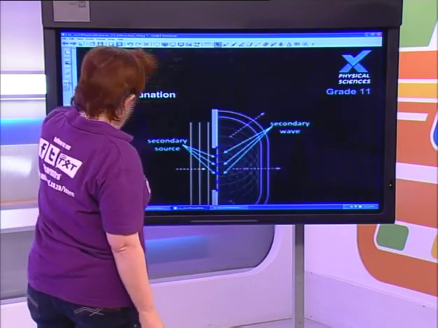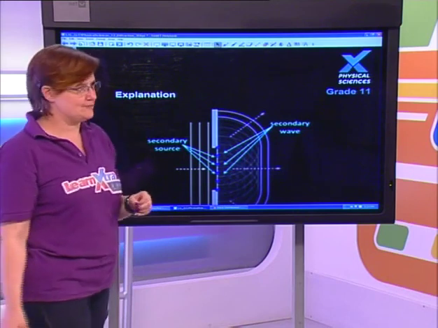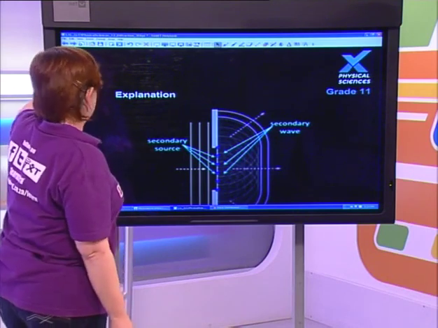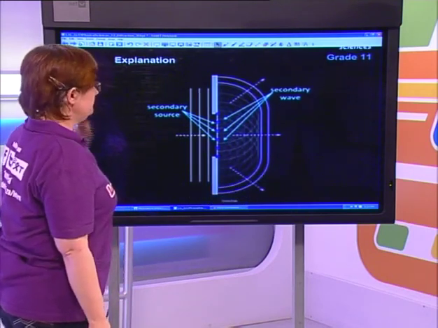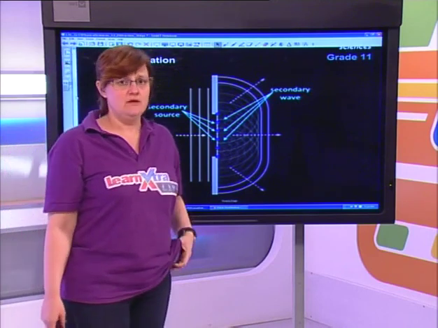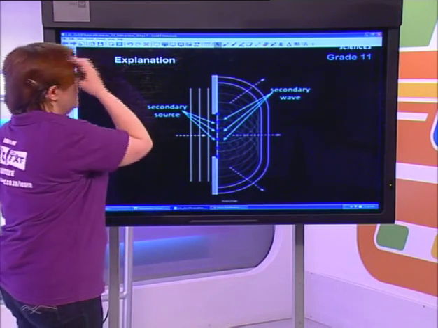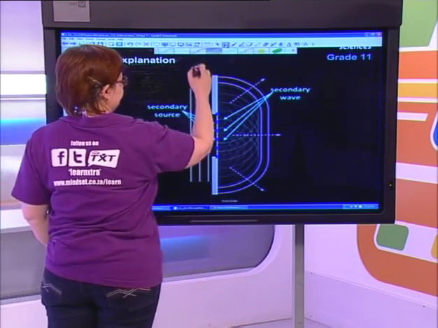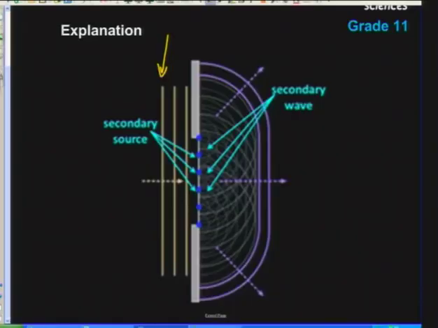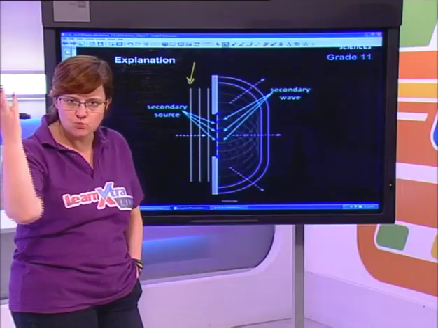Now, let's try and explain it. And this is where Huygens' principle is very, very important. I'm going to go through this very slowly. We have over here my original wave front, whatever that wave front may be, light, water, whatever.